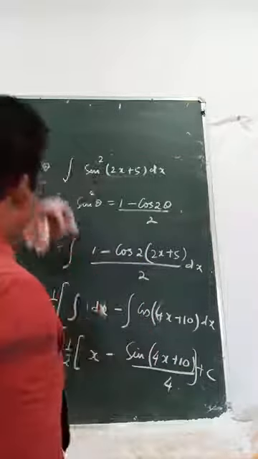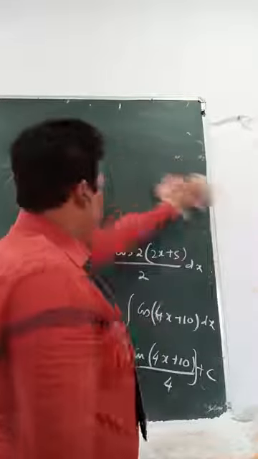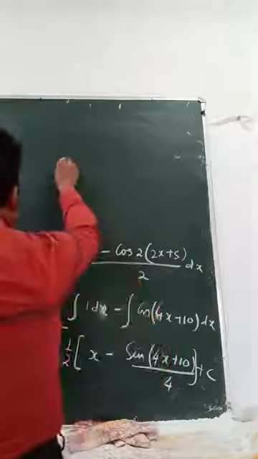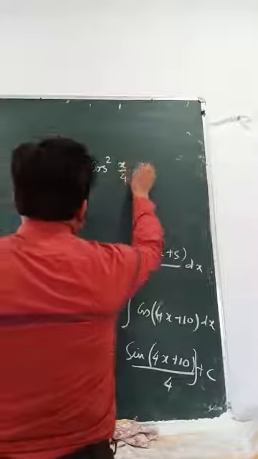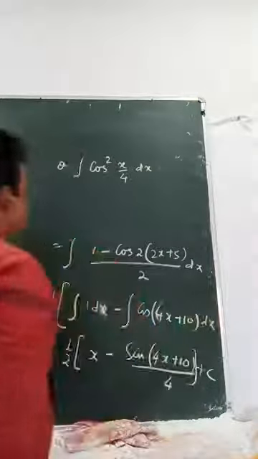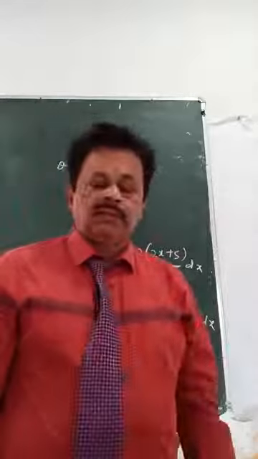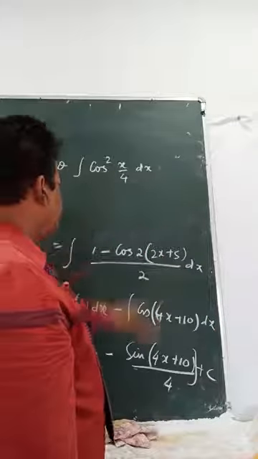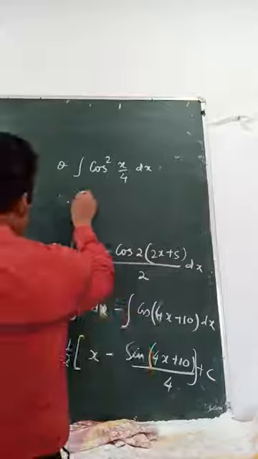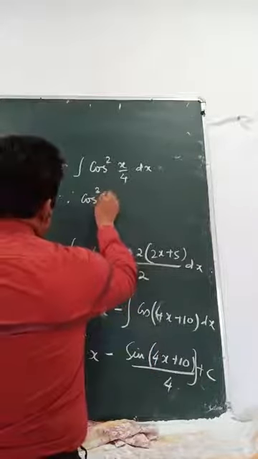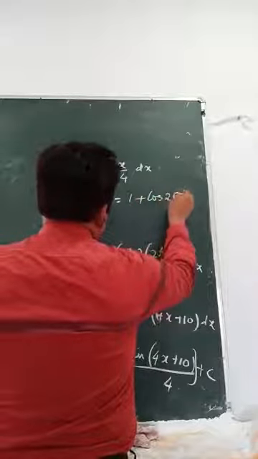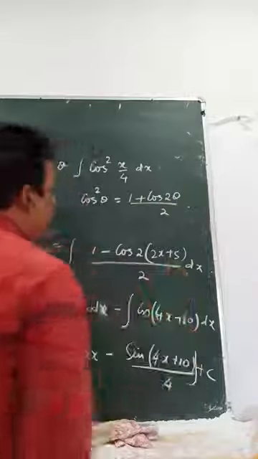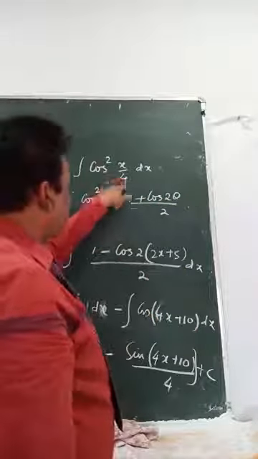Okay. Now see again. Suppose I got a question, integral of cos square (x by 4) dx. So what do I do in this? So cos square x by 4 means it is related to cos square theta, 1 plus cos 2 theta by 2. Theta is what? X by 4.